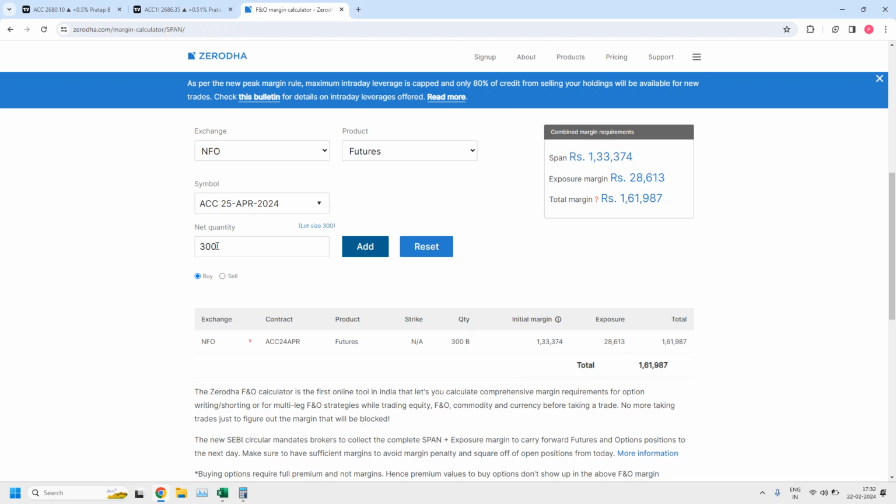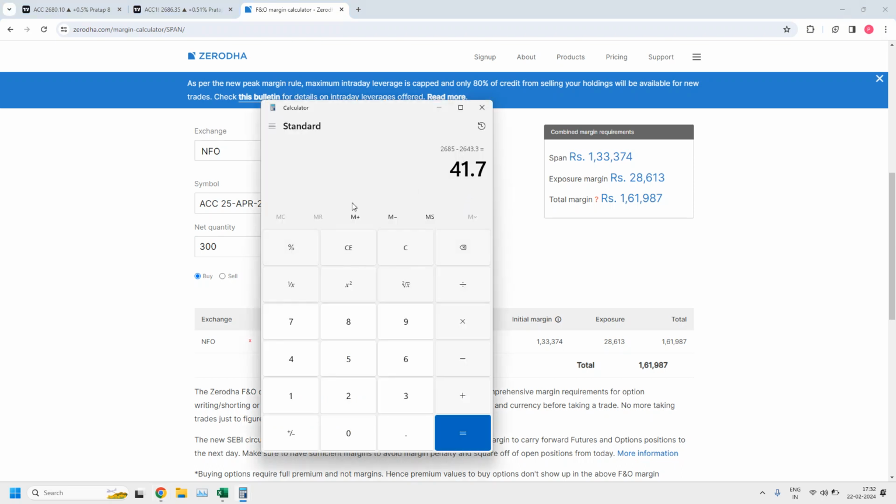The lot size is 300. It's not 300 rupees, it is the lot size. So for each stock, 41.7 profit into 300. So you got 12,510 rupees profit. This is your actual profit in futures.